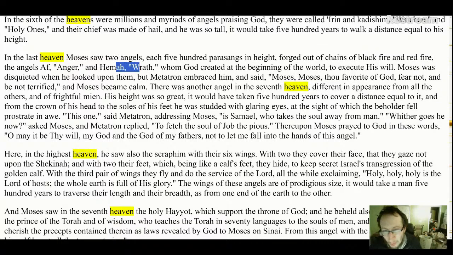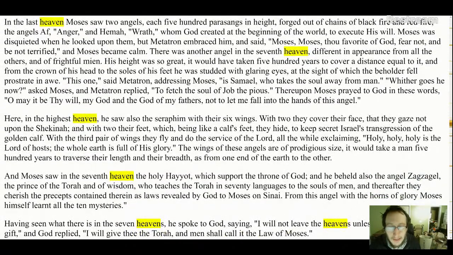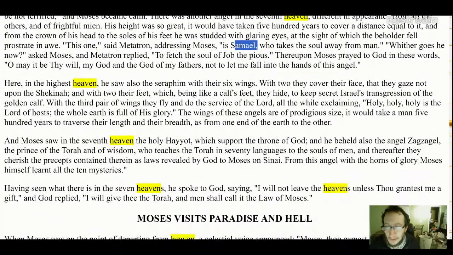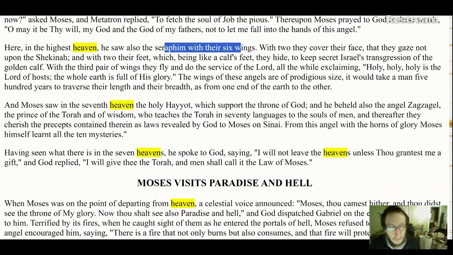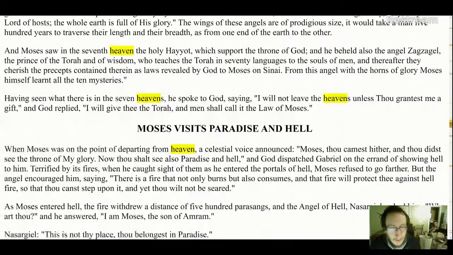Now remember, 2nd Baruch mentions about wrath, the suppression of anger. Okay, and then it says he saw Samael as well. Saw the seraphim. So very interesting things here.